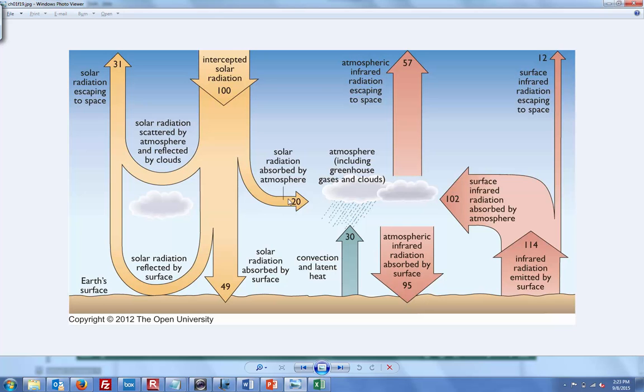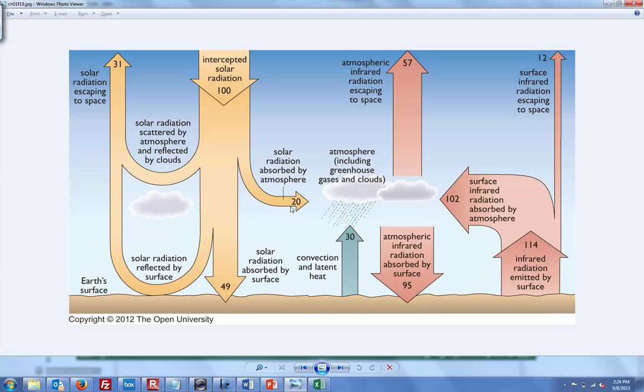So it's not that easy to wrap your head around, but the atmosphere is transparent to some wavelengths of radiation, and it's opaque to others. So the atmosphere is actually transparent to 20% of all the photons that hit it, and then the photons just kind of stick around and stay there.